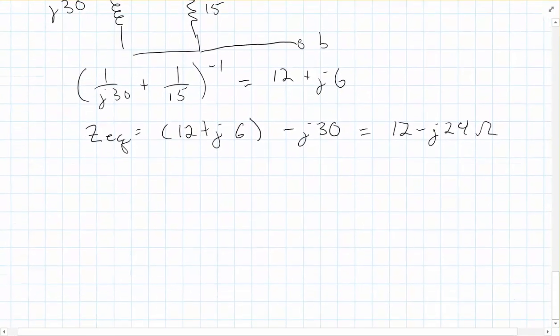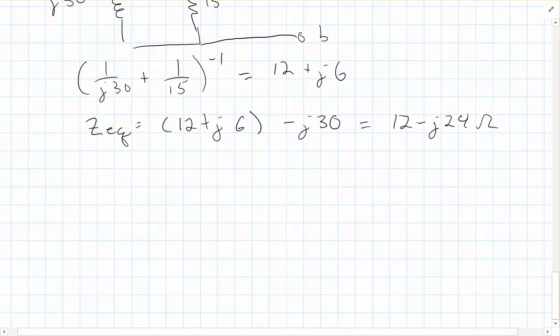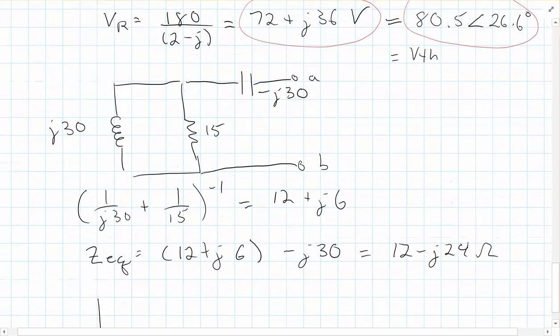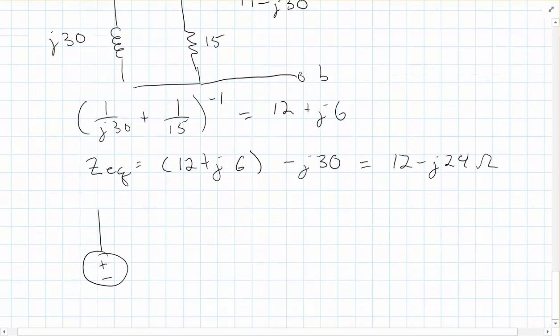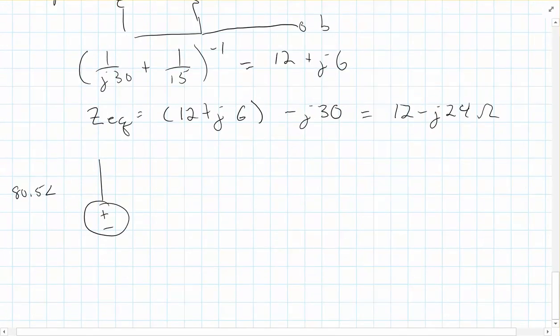Now, just like we did before, I always want us to draw the actual Thevenin equivalent. So the Thevenin equivalent here is going to be a voltage source. And of course, this voltage source that we had just computed is 80.5 at an angle of 26.6 degrees volts.